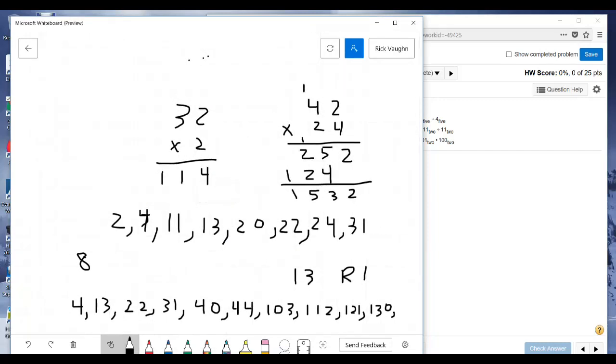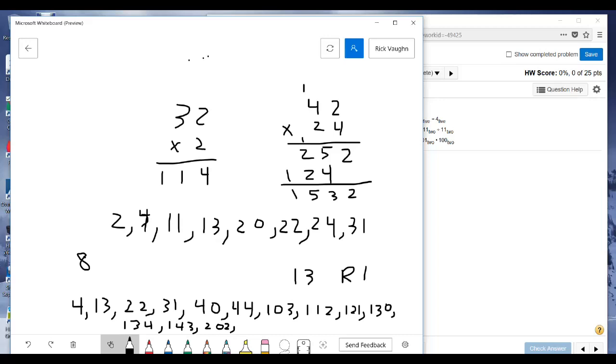So then I have a 1, 3, and 4. Then I'm going to have 1, 3, and 8, which is a 1, 4, and a 3. And let's see, add 4 to that. That's 1, 5, and 2, which is 2, 0, 2.